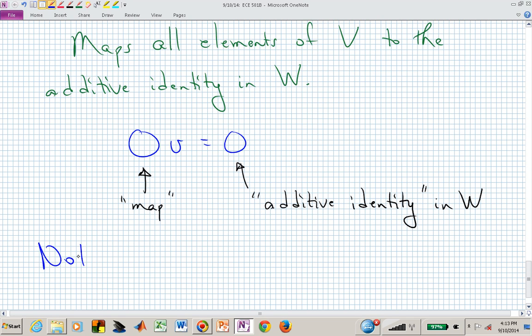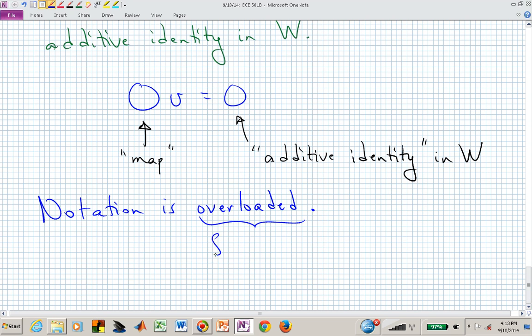This notation of using 0 to represent many different things, you could think of it as overloaded. The notation is overloaded. Which is another way of saying that the same symbol, which is this 0 symbol, may mean a map, it may mean a vector. You just have to sort of know from the context what it means. Pardon?